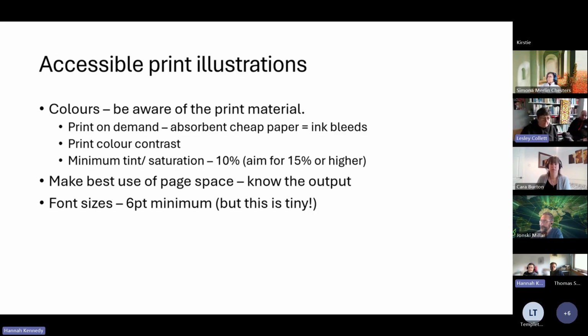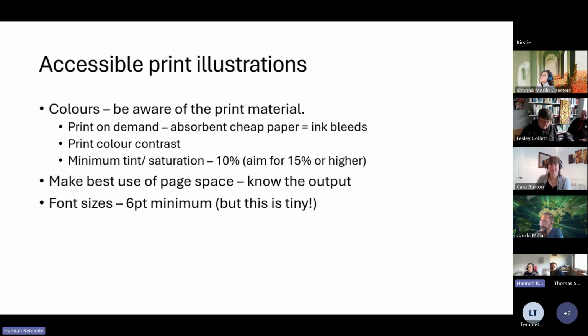Print color contrast is something that's really important to think about, and again that also ties into the paper that it will be printed on, but fundamentally contrast accessibility is something that's really key in ensuring that your illustrations are as accessible as possible.